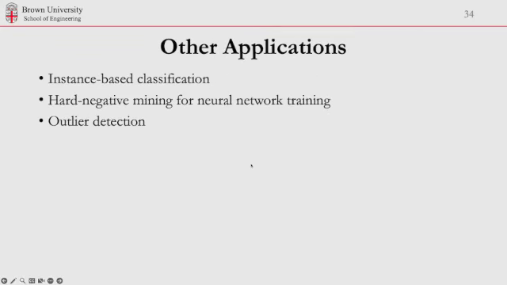There are some other applications that I didn't talk about. Instance-based classification, like a KNN classifier, is an alternative to a model-based classifier that you might see with deep learning models. Another is hard negative mining for training of neural networks. A lot of neural networks use triplet loss, so you can take, say, 3 objects in the database, 2 which are similar, and 1 which is different.